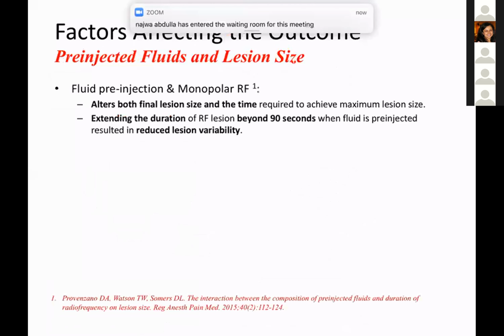The first study described the relationship of lesion and fluid pre-injection in the case of monopolar RF. It concluded that it alters both the final lesion size and the time required to achieve maximum lesion size, hence extending the duration of the radiofrequency lesion beyond 90 seconds when fluid is pre-injected resulted in reduced lesion variability.